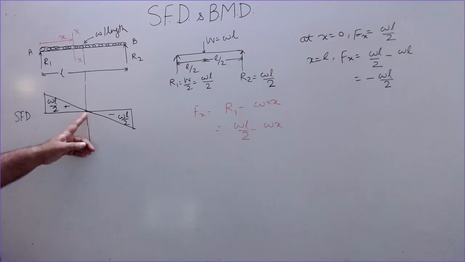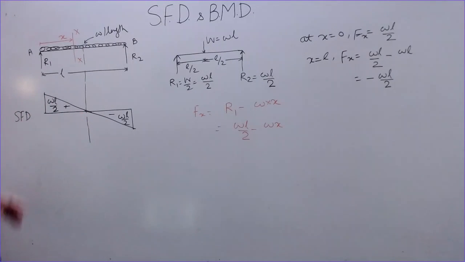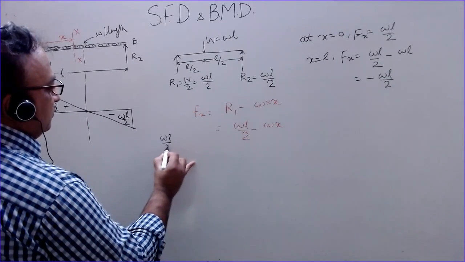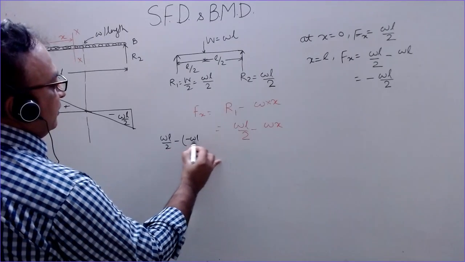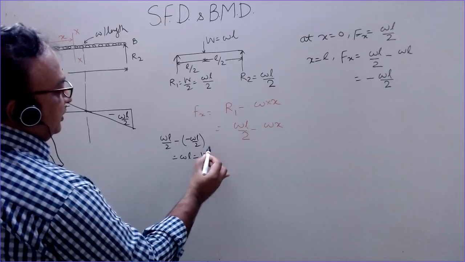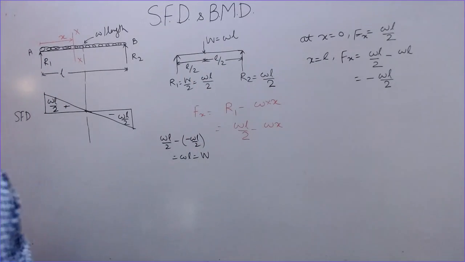At this point there is a change in intensity, it becomes 0, and this is because of the load which is acting here in the downward direction. So the intensity change is from wL by 2 to minus wL by 2, which is equal to w into L, which is equal to the total load acting at this point.